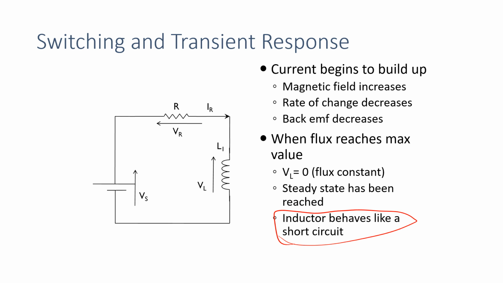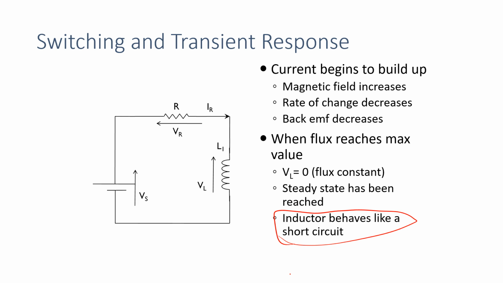If you remember the capacitor, charges started moving from one plate to the other and building up the electric field. As the electric field grew, the voltage across the capacitor grew, and that reduced the current coming into the capacitor. In this case, as current starts to flow in the inductor, the magnetic field starts to increase.